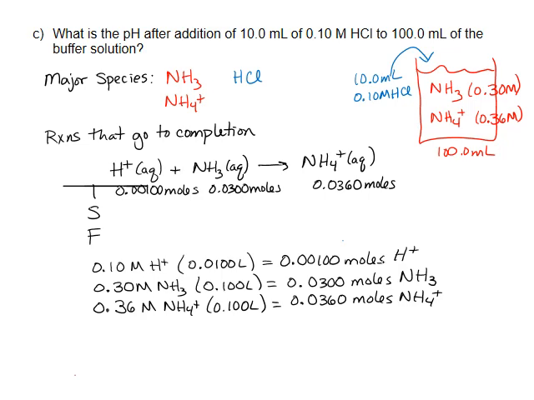We see that this reaction goes to completion. Our stoichiometry row is minus x, plus x. Again, this time our limiting reactant is going to be the hydronium ion, so we expect that to get completely neutralized by the buffer. So our x value is 0.001.